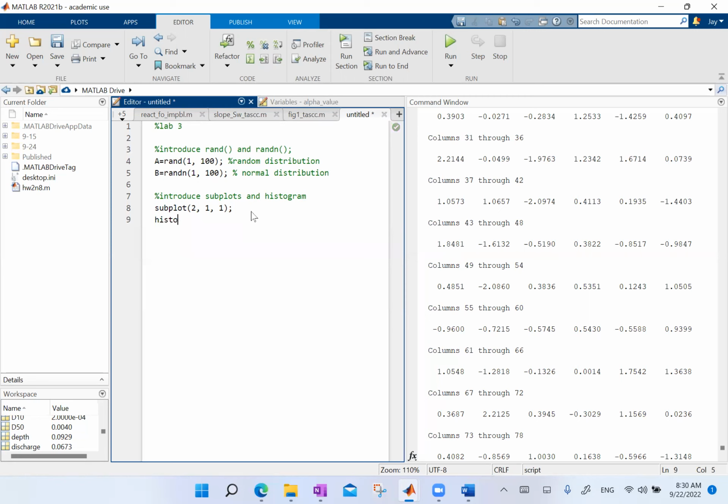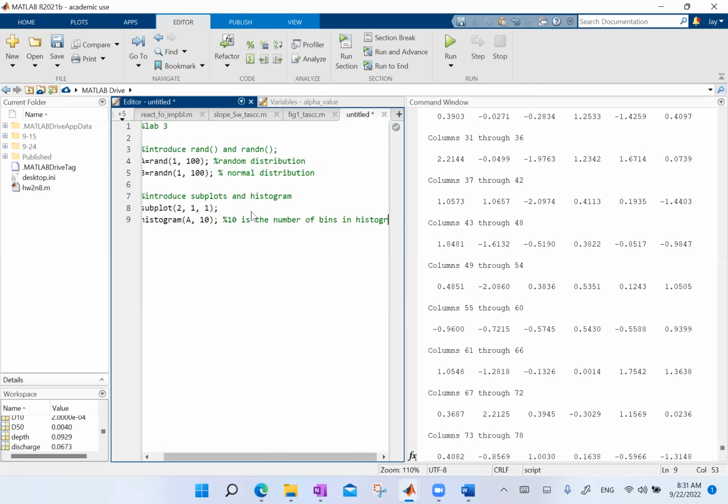So I'm going to use histogram. In this case, it's going to be A, and it's not B. I'm not plotting A against B, just A by itself. And I'm going to put 10 here. Now 10 is the number of bins in the histogram.